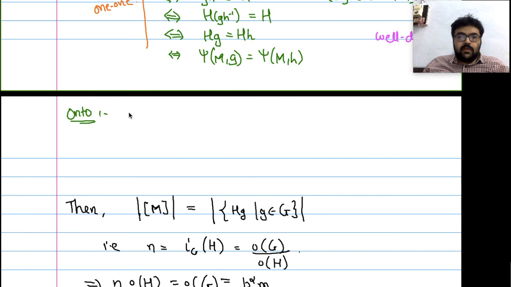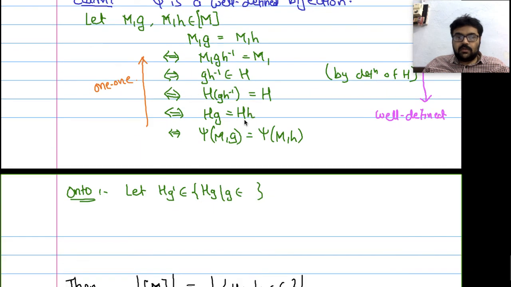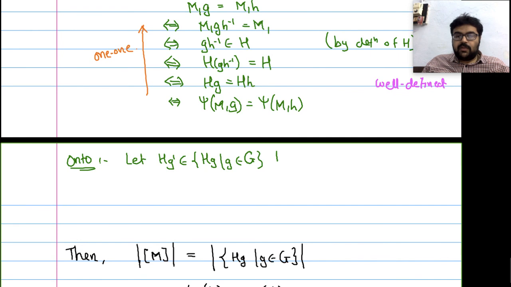So let Hg' be some right coset of H in G.